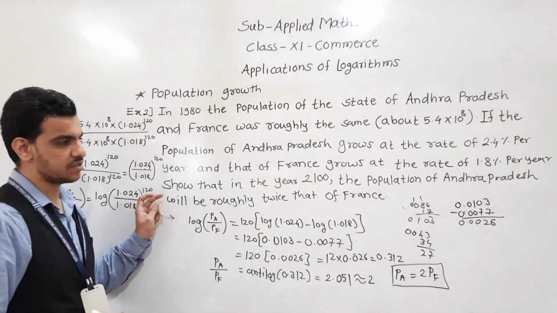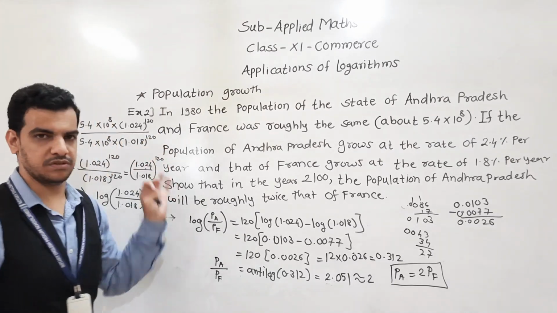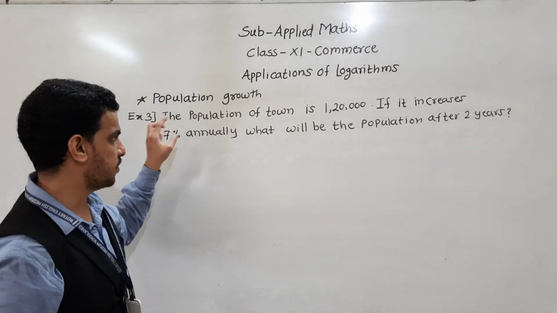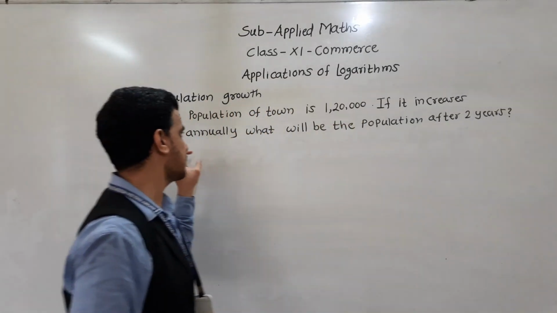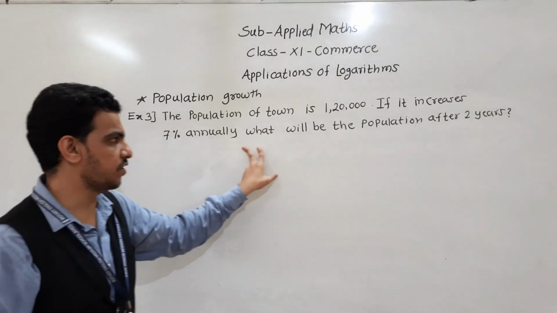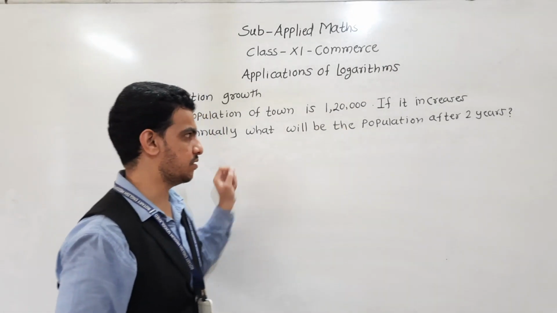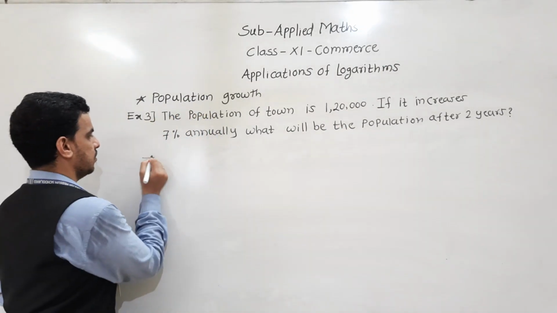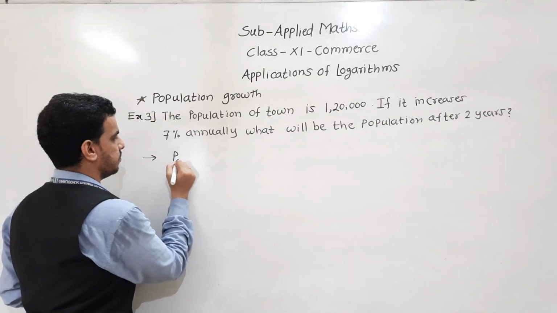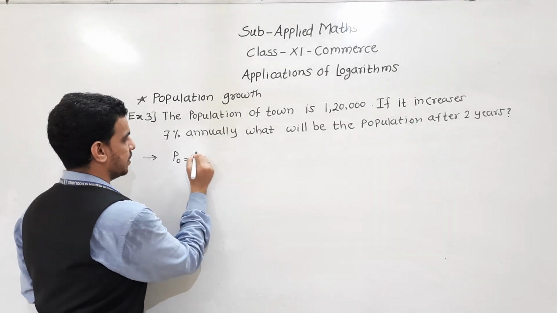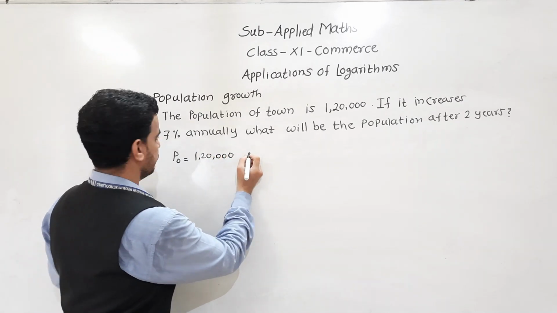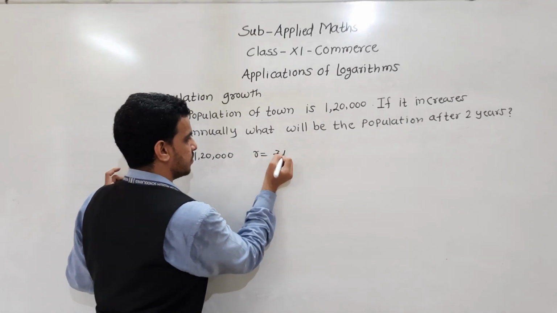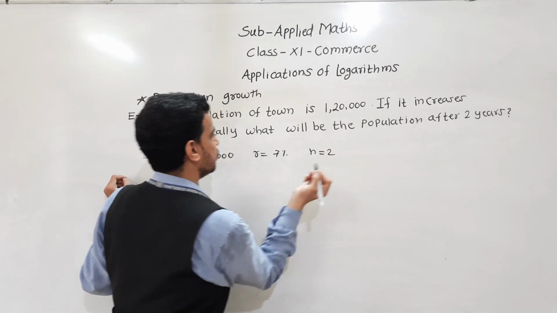Okay, understand this. Now we will take the third example. The third question is, the population of a town is 1,20,000. If it increases 7% annually, what will be the population after 2 years? So here P0 is given 1,20,000, rate is given 7%, n is given 2.